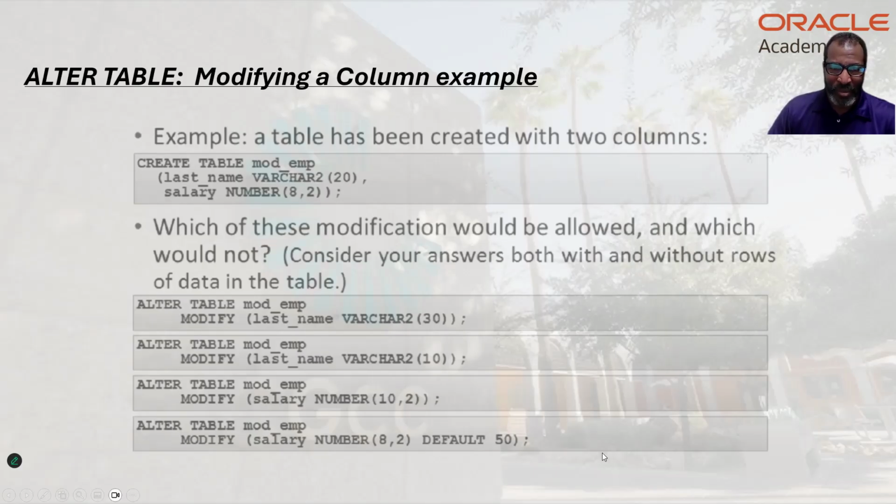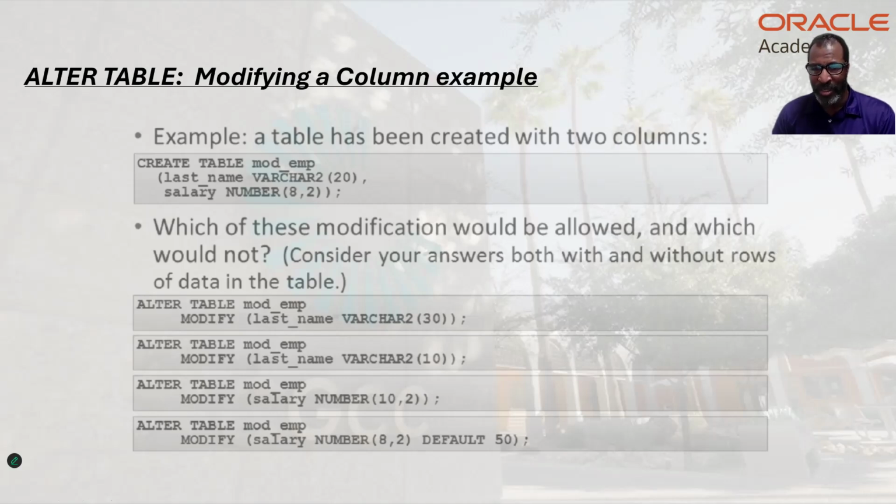All right. And here's an example of our column modification. So we're creating this table, mod imp, with last name and salary. So I guess this is kind of a challenge. Which of these modifications would be allowed and which would not? Consider your answers both with and without rows.